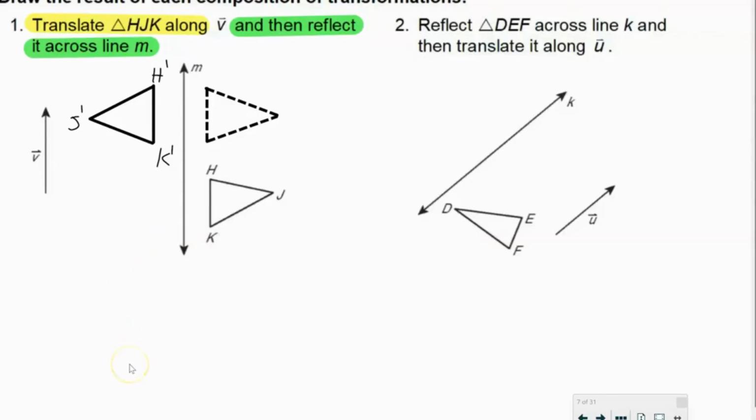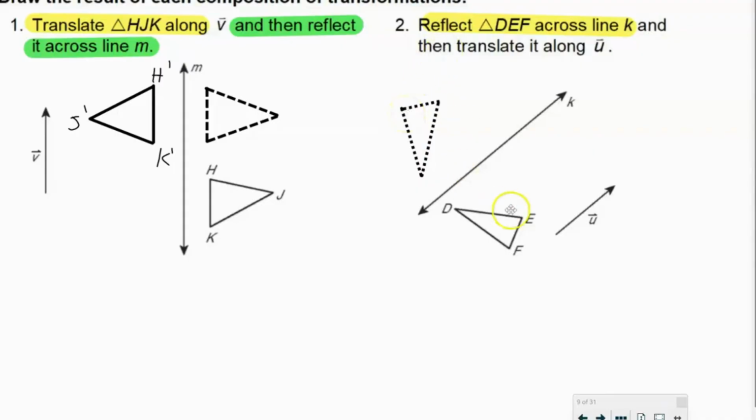Okay, go ahead and pause the video here and see if you can do number two. Okay, number two says reflect the triangle DEF across line K and then translate it along U. So first I'm going to flip it.